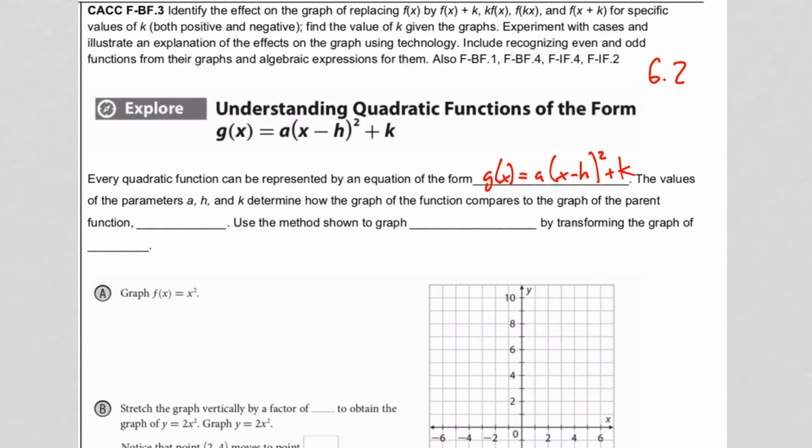The values of the parameters a, h, and k determine how the graph of the function compares to the graph of the parent function, which is basically y is equal to x squared, or f of x equals x squared. Either one, they're interchangeable.